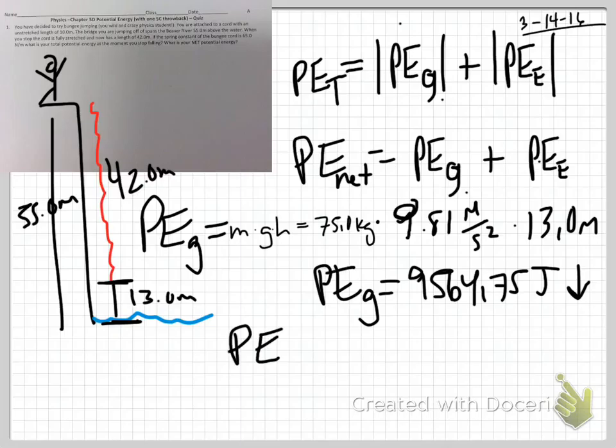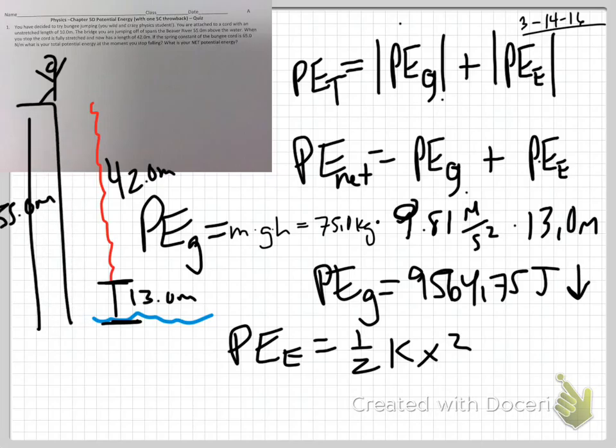Then we have the elastic potential energy, 1/2 kx squared. Our k is the spring constant, so that's an easy one. X is the difference between the unstretched and stretched length of the bungee.